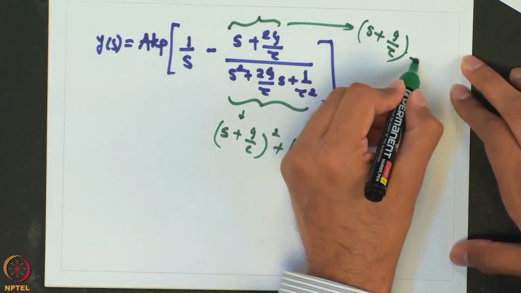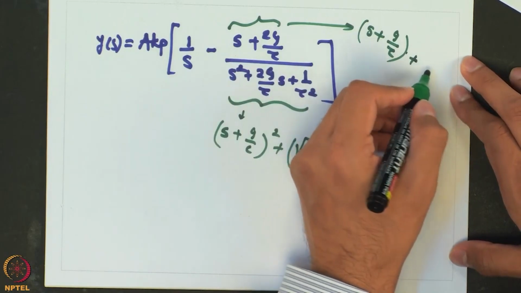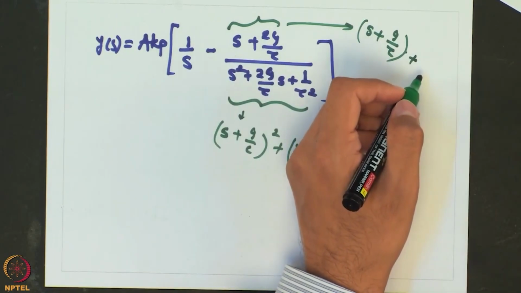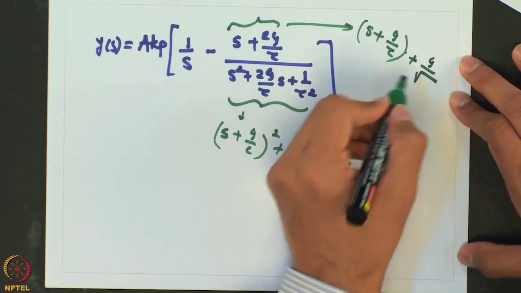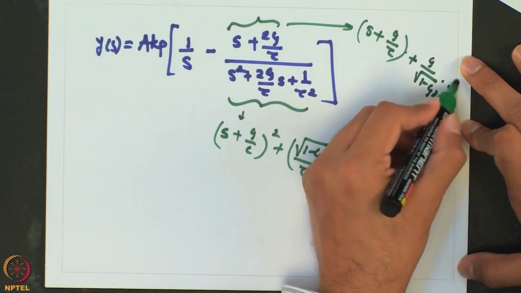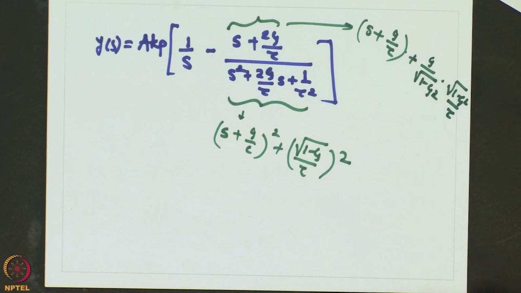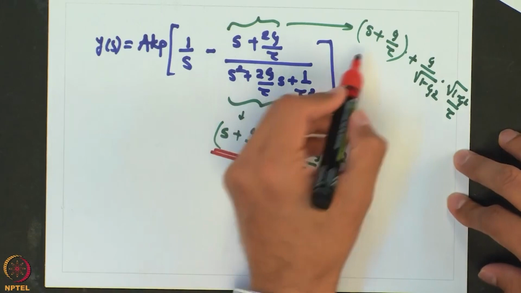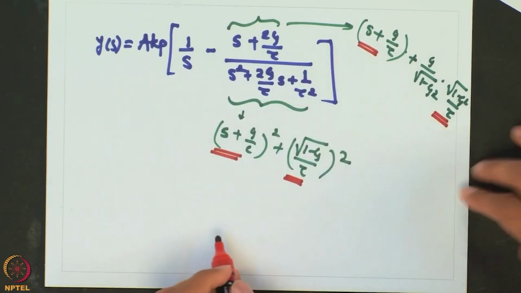So that remaining zeta over tau, we will write as zeta over root of 1 minus zeta^2 times root of 1 minus zeta^2 over tau. So the idea is we are going to get one factor which is same as this and the other factor which will give me this.